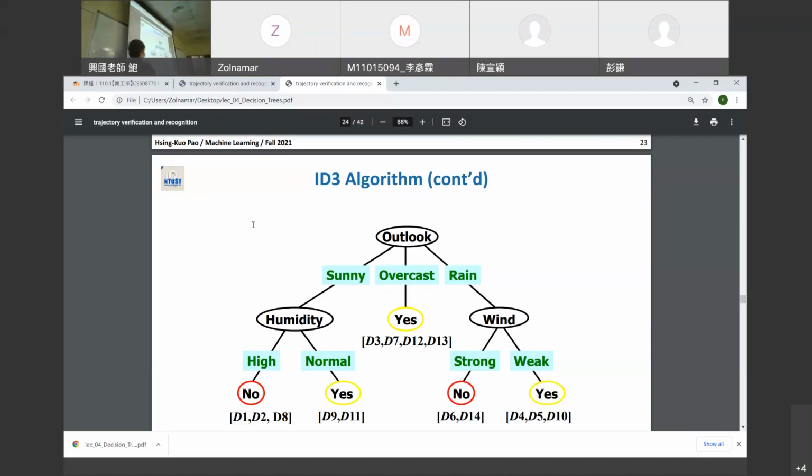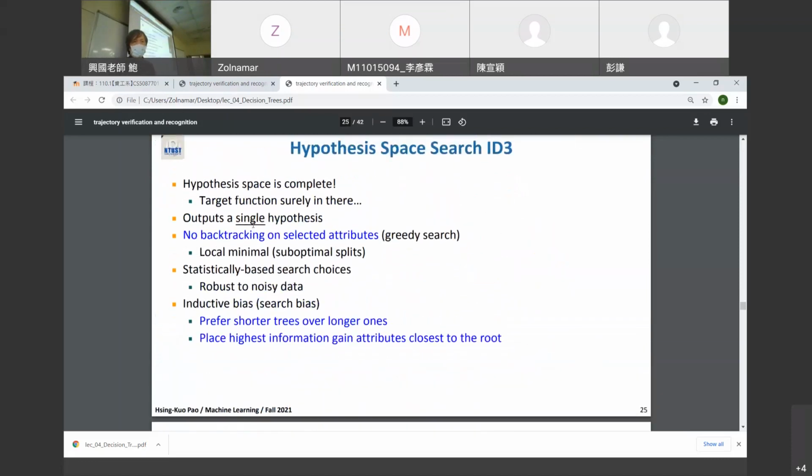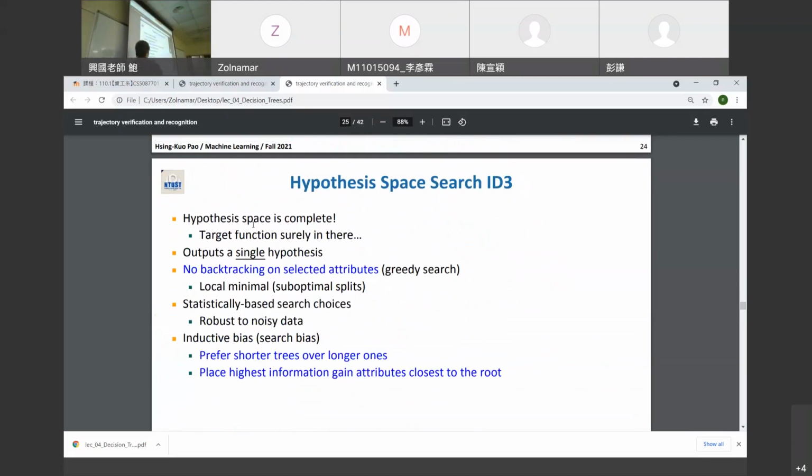If you are not satisfied, then you try further branches. If you try further branches, that means we can continue to decrease the training error, right? But we need to make sure that the validation error is also the same.